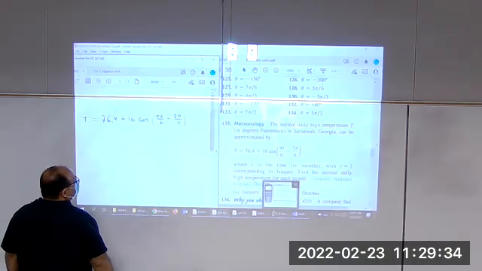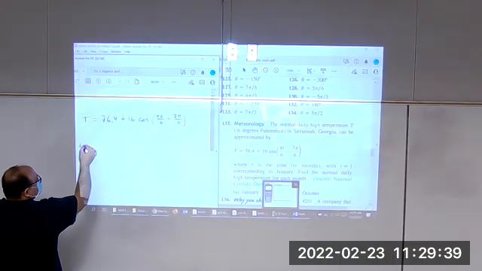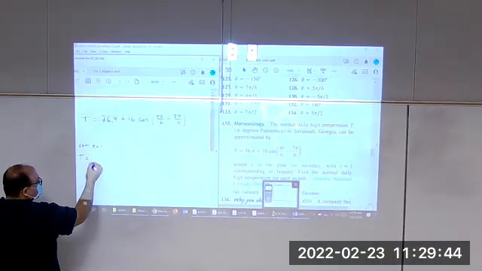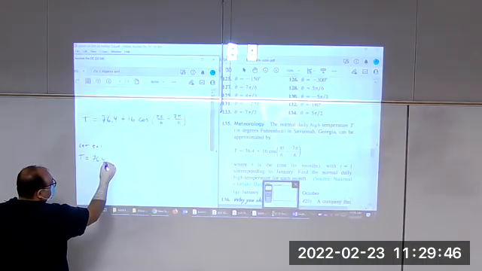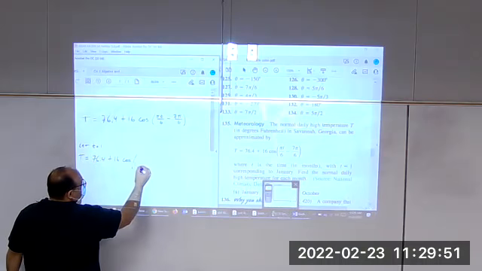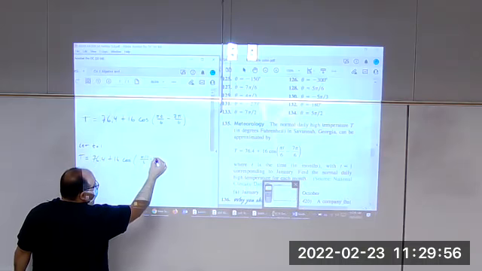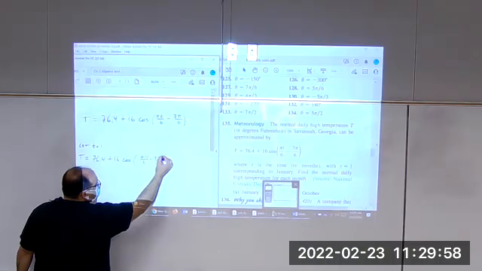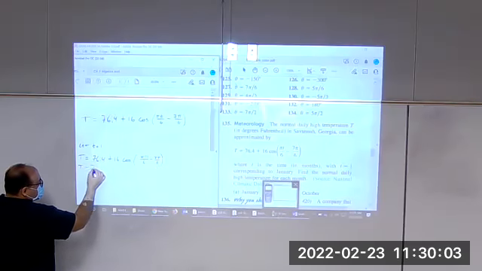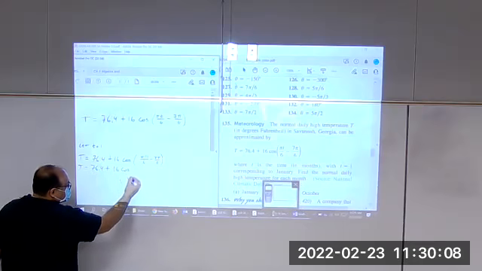Okay. So if we were just going to do this by hand, for January, let t equal 1. So the daily average temperature is 76.4 plus 16 times the cosine of pi times 1 over 6 minus 7 pi over 6. So t is equal to 76.4 plus 16 times the cosine.